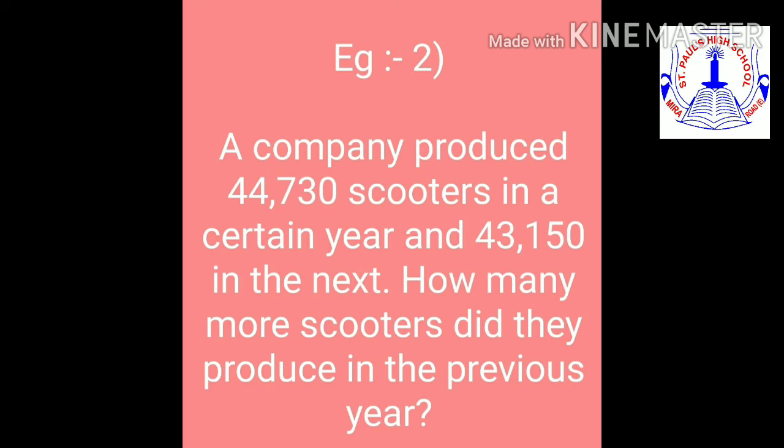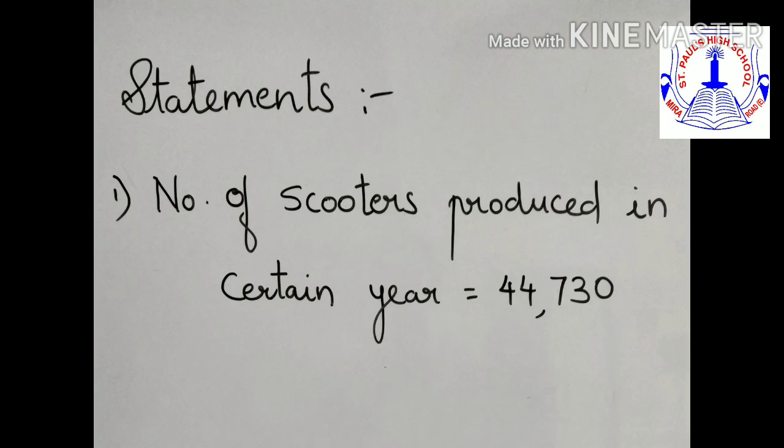Second word problem: a company produced 44,730 scooters in a certain year and 43,150 in the next. How many more scooters did they produce in the previous year? So we will write our first statement as number of scooters produced in a certain year is equal to 44,730.